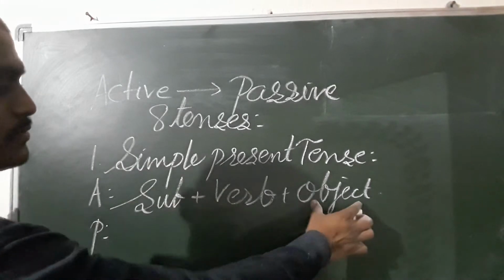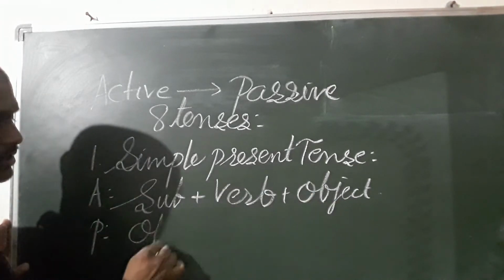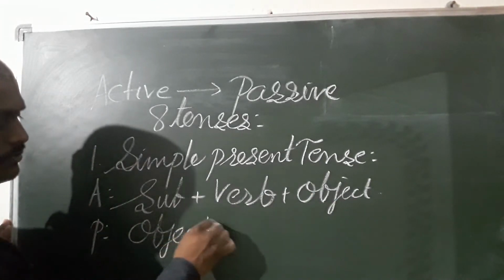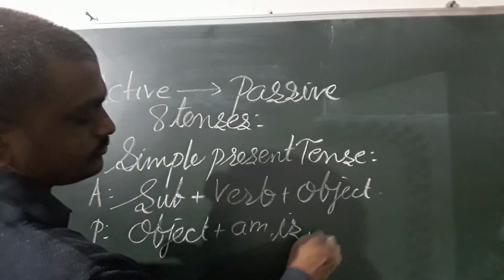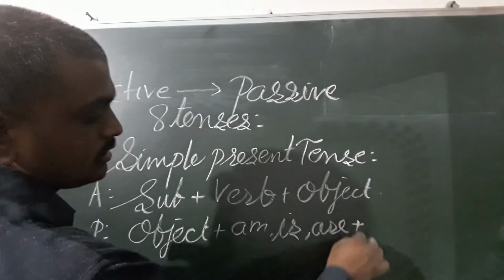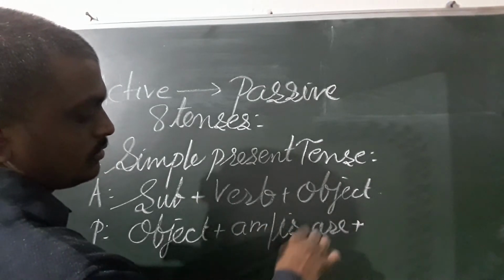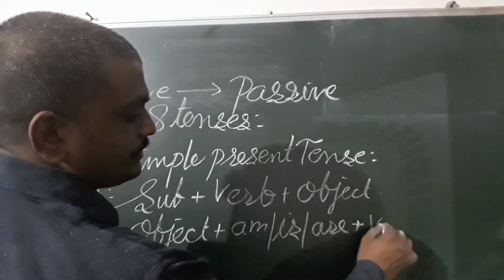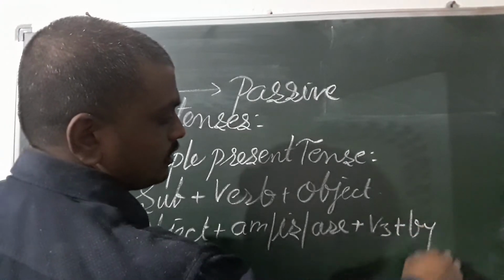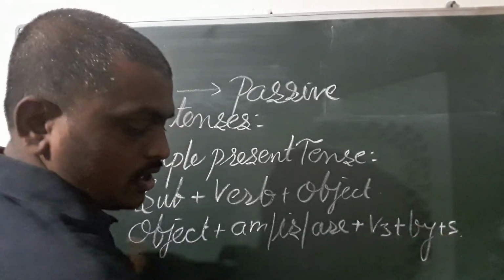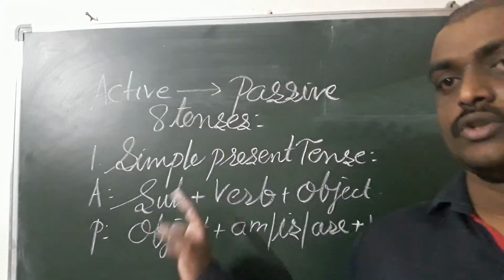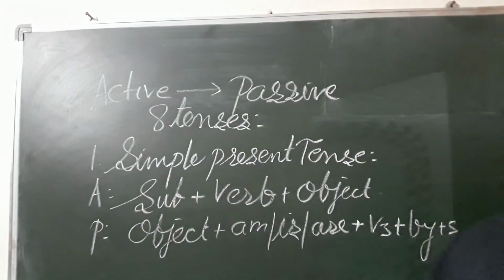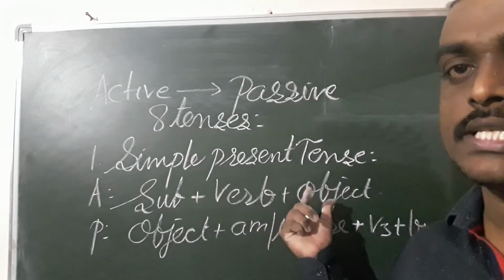First we have to take the object to the first position, plus is/am/are, plus v3, plus by, plus subject. So dear children, when we are changing from active voice into passive voice, we should first pick up the object from last to first.